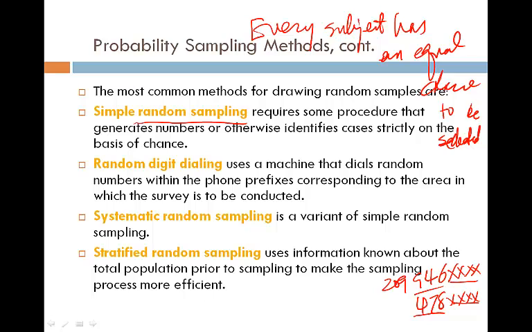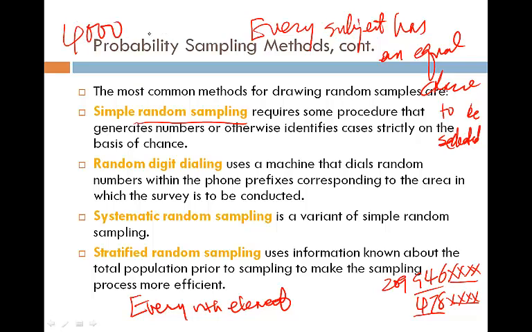Systematic random sampling follows that every nth element is to be selected. This every nth refers to the following. If we want to study, let's say, Stockton Pacific students, our total population is 4,000.